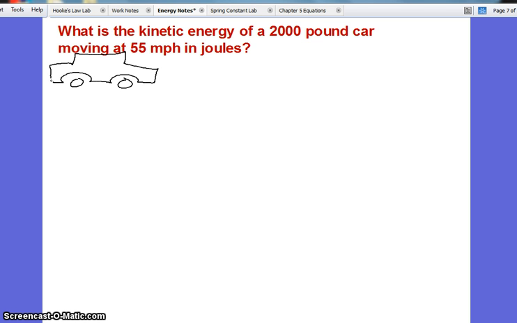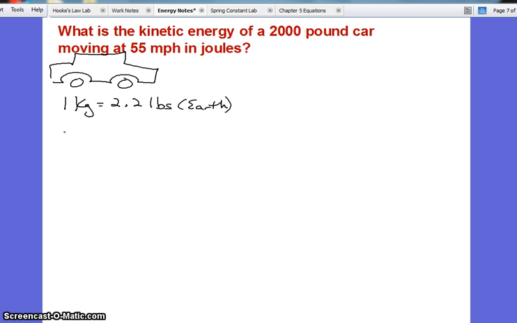I think we've all been in a car that's moved at 55 miles per hour. We want to find, first of all, the mass. That pound is actually a weight, technically. We want the mass. So for every kilogram, that is equal to 2.2 pounds if we're on the Earth. So I will put a little stipulation, we're on the Earth. I don't think this car is anywhere else.